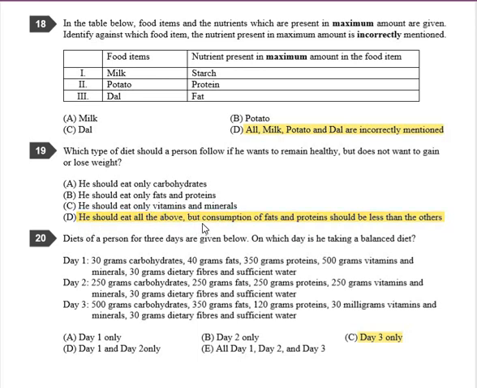He should eat all of the above, but the consumption of fat and protein should be less than the others. Yes. He should consume all the nutrients, but the consumption of fats and proteins should be less, because if he consumes more fat, it leads to obesity. So option D will be correct. He should eat a balanced diet. So option D.